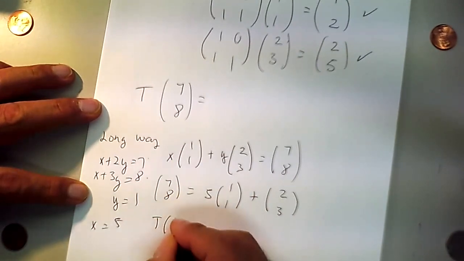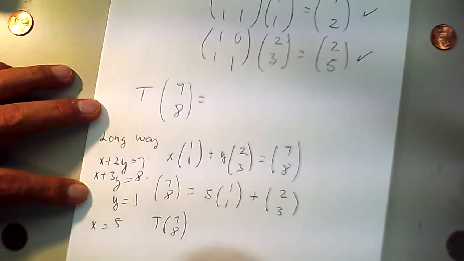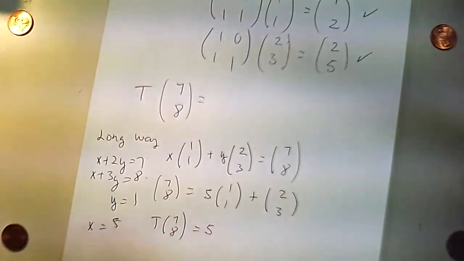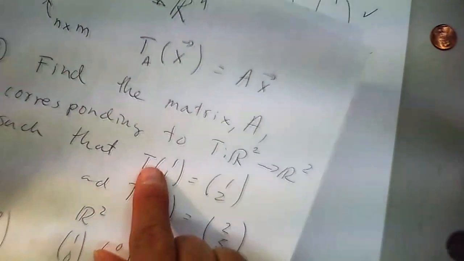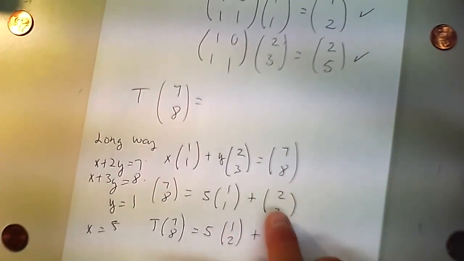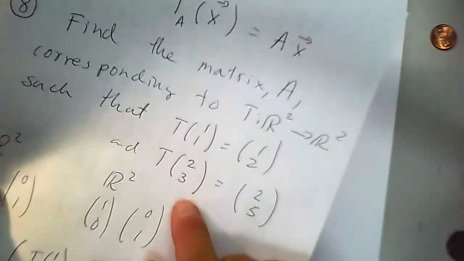Okay. T of (7, 8) is consequently 5 times T of (1, 1). T of (1, 1) is (1, 2), plus T of (2, 3). T of (2, 3) is (2, 5).